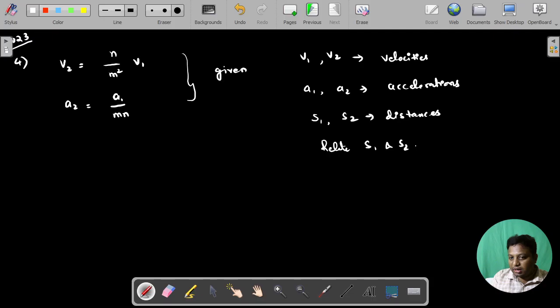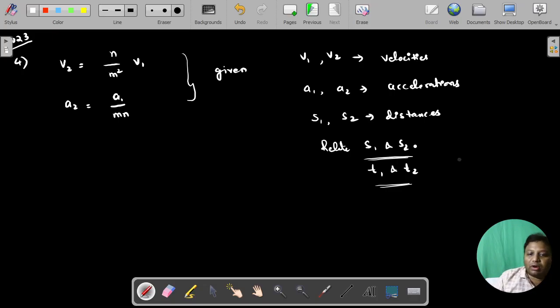Options are given in the problem. There are 4 options, and we will find out which one is correct. So in the options you have two things: relate S1 and S2, and also relate T1 and T2. Okay, two parts are there in this problem.